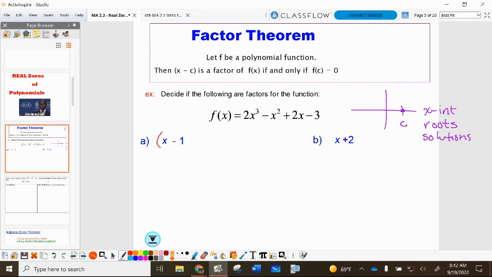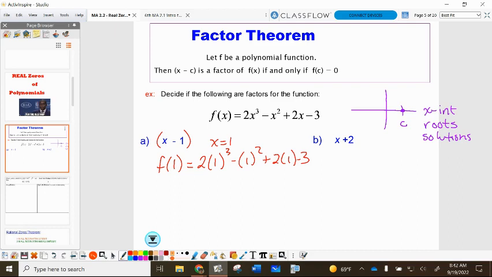So if we're checking to see if x minus 1 is a factor of this polynomial, we're really checking to see if x equals 1 is a root of the solution. So let's plug in f of 1 and see if it equals 0. So 2 times 1 cubed minus 1 squared plus 2 times 1 minus 3.